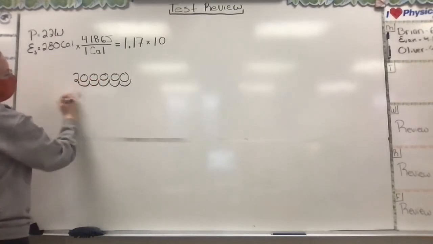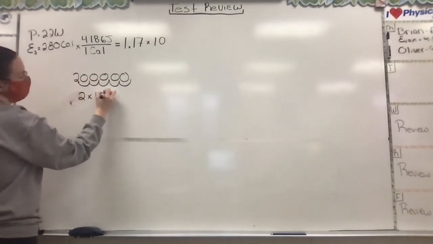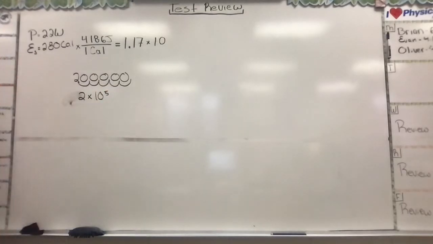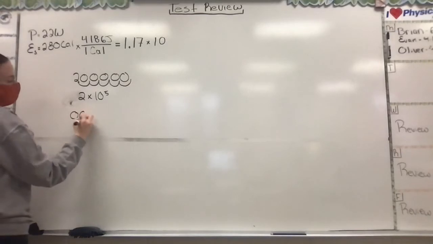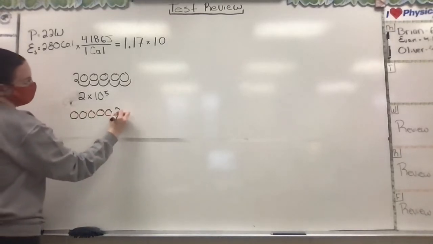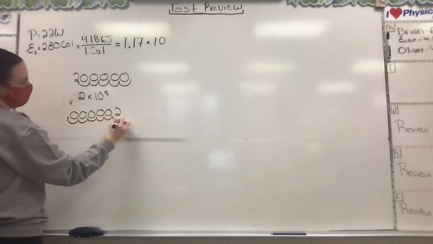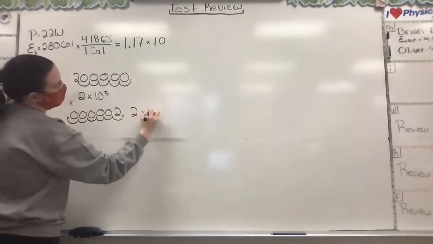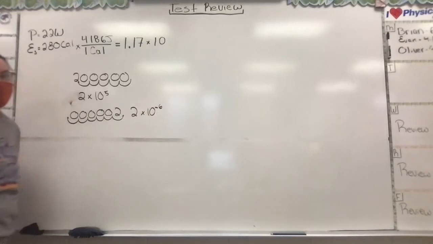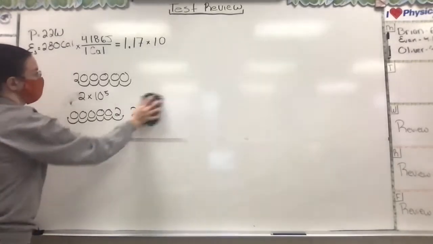So that would be 2 times 10 to the 5. Is that negative or positive? That's positive. It would be negative if we had something like this. Then we'd go 1, 2, 3, 4, 5, 6, and that'd be 2 times 10 to the negative 6.